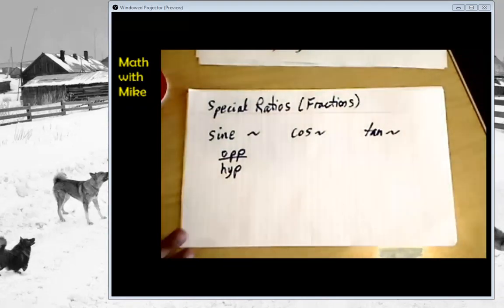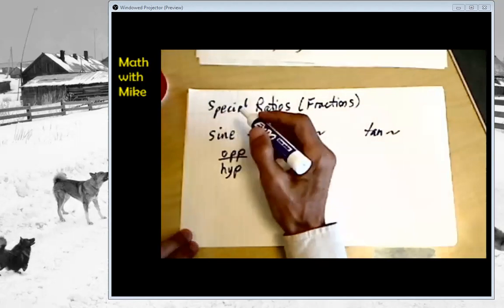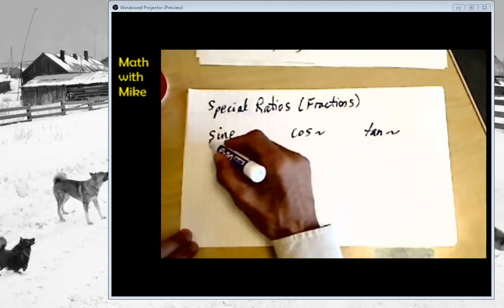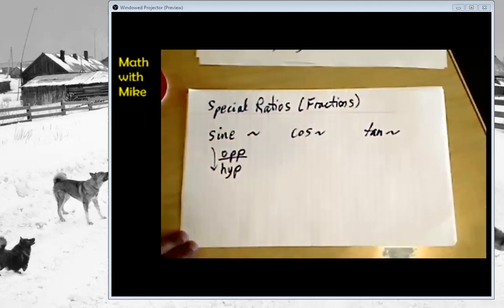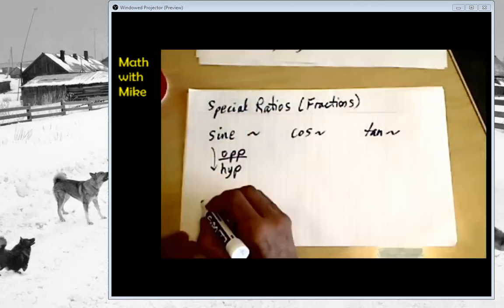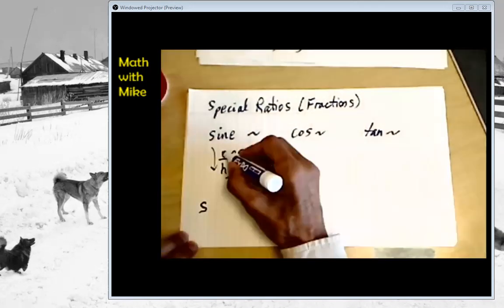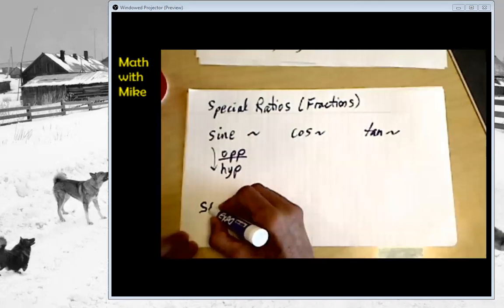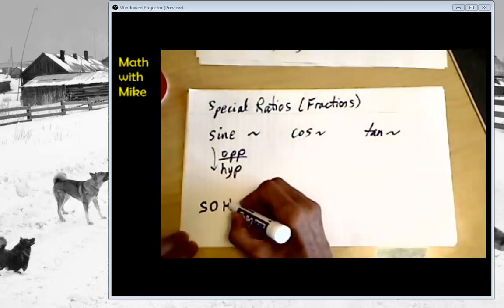And there's a little trick to help remember. You can see it. The first letters are written right in order. We had S for sine. We have O because we hit it first. It's on the top. And then H because it is on the bottom.